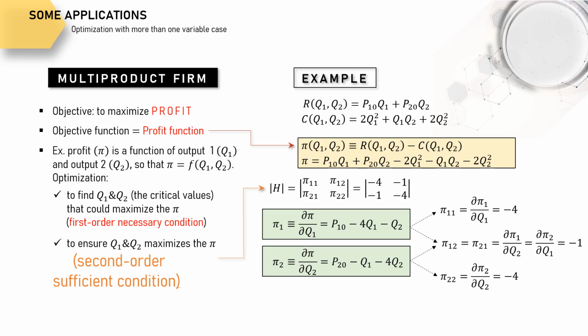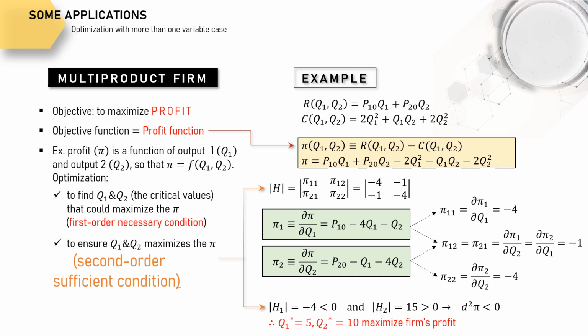We now can easily identify the principal minors. H1 is minus 4 and H2, or the Hessian determinant, is 15. Negative, positive indicates that D2P, or the second differential of profit, the objective function, is negative. It implies that the output level we obtained earlier will maximize the firm's profit.